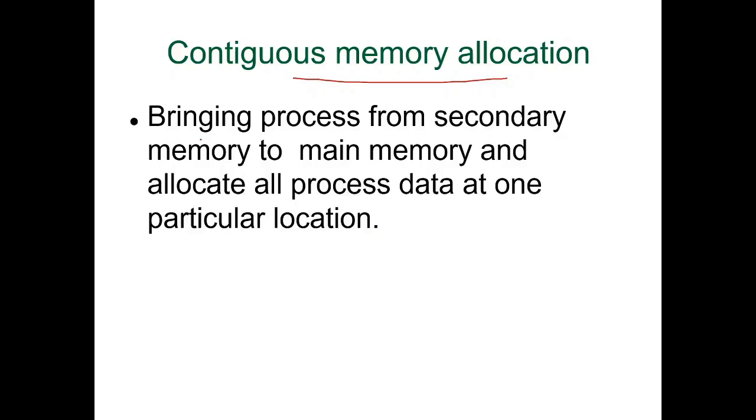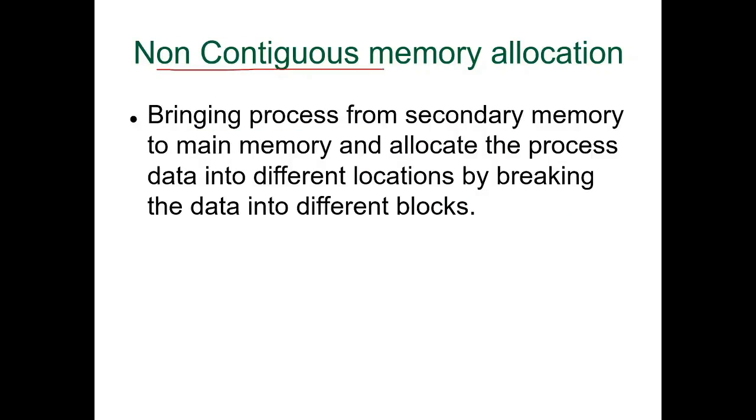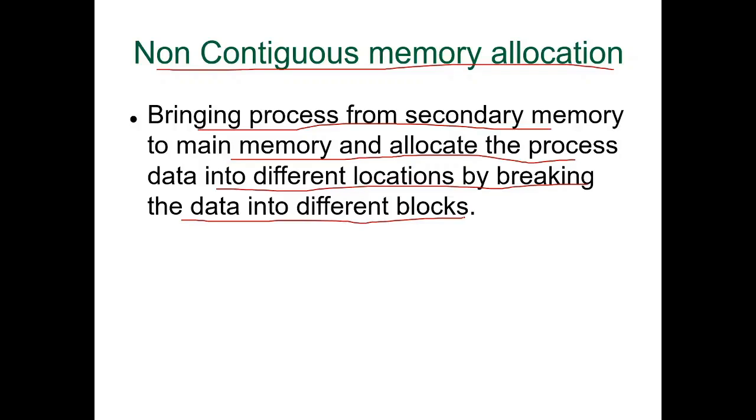Contiguous memory allocation means bringing a process from secondary memory to main memory and allocating all the process data at one particular location. Non-contiguous memory allocation means bringing a process from secondary memory to main memory and allocating the process data into different locations by breaking the data into different blocks.